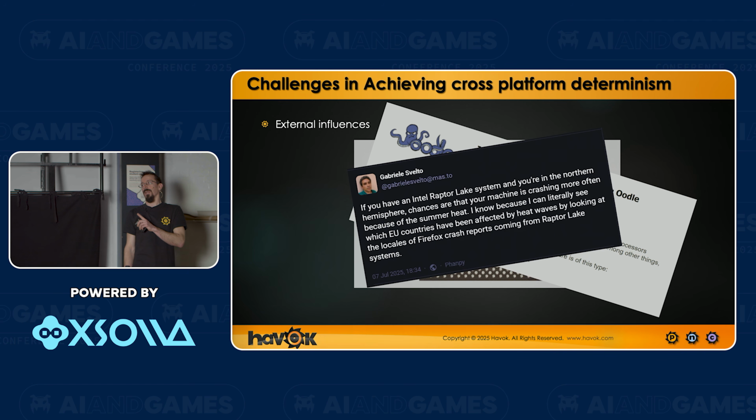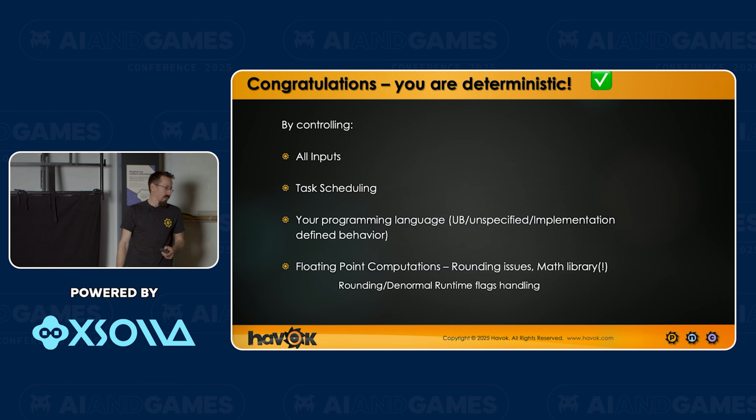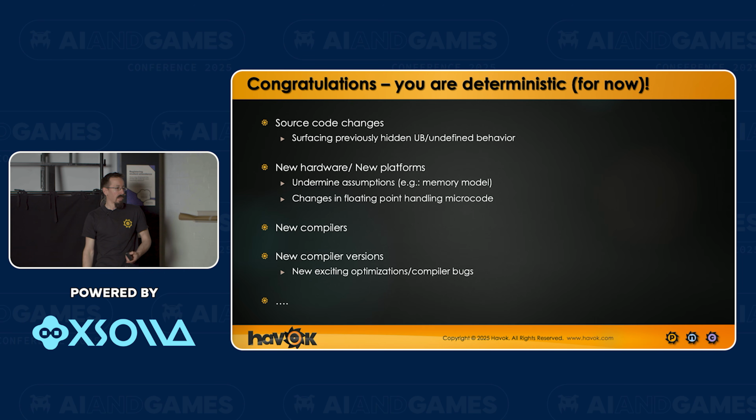And also, Mozilla engineers know how hot it is in Europe based on the locale of the crashing systems on Intel 13th and 14th generation. So this can also still break you. So you need control of the input, all of your task scheduling, all of this. Congratulations, you're deterministic for now, because any changes might undo your work.